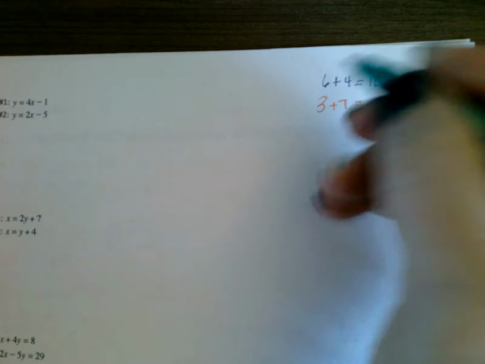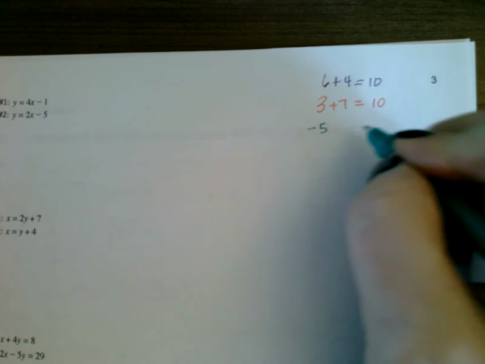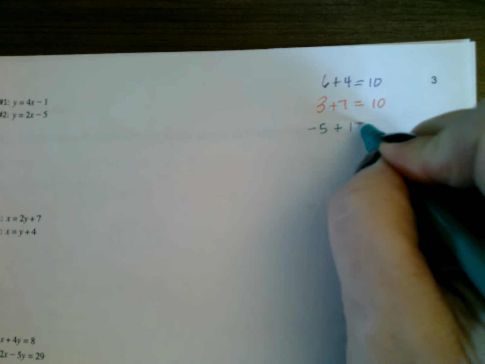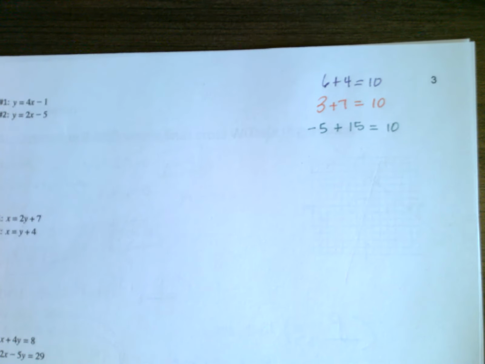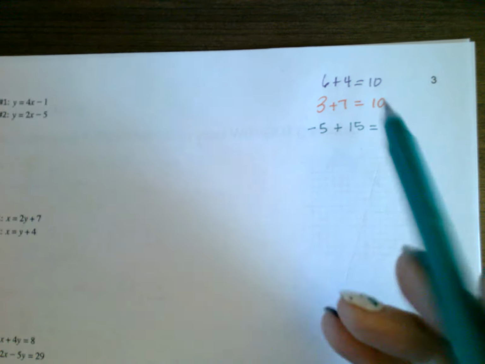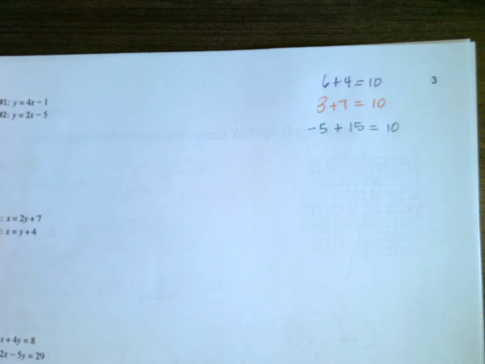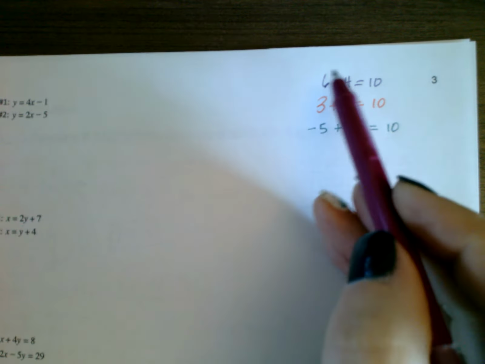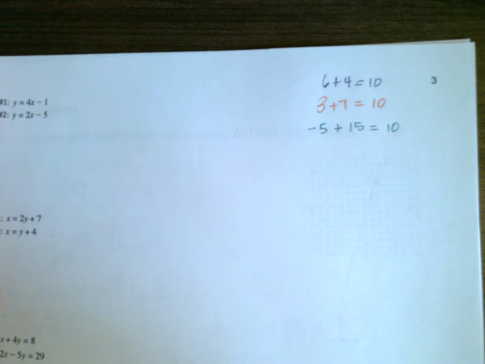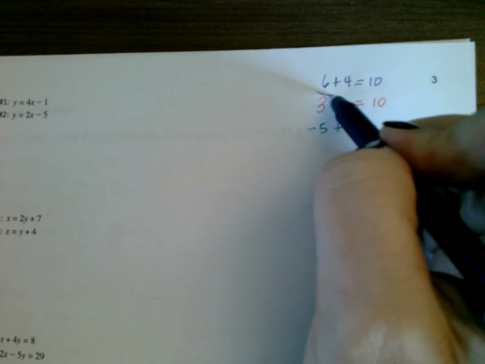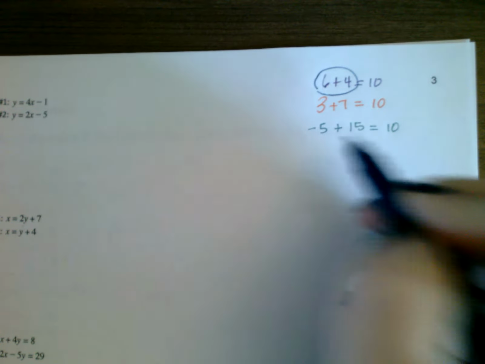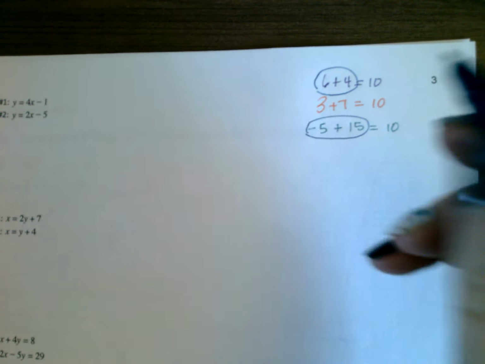And then I get kids that will say, well, I'll go negative. Negative 5 plus 15 still equals 10. These different math problems, and there's so many more. We could go with fractions and decimals and so forth. They all equal 10. So what I wonder is, does this one equal that one?